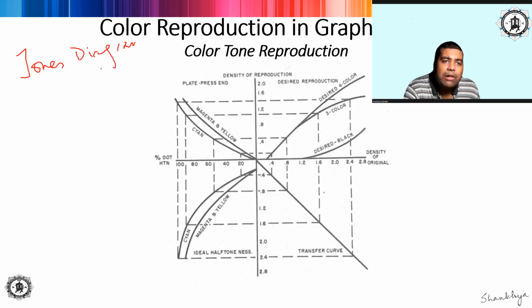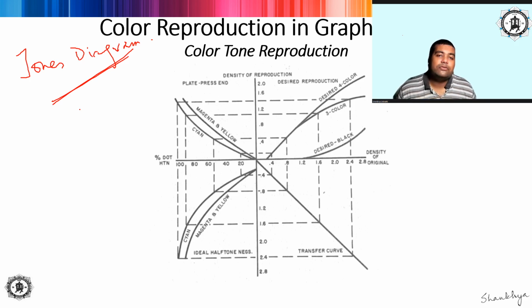It's a very powerful and very useful tool for identifying what nature of the tone reproduction curve we need in the negatives as well as in the plate to get our required tone reproduction curve in the printed sheet, right?